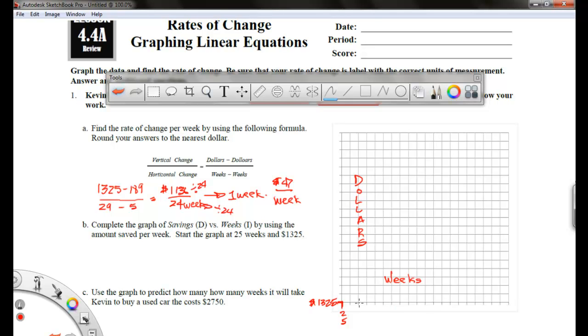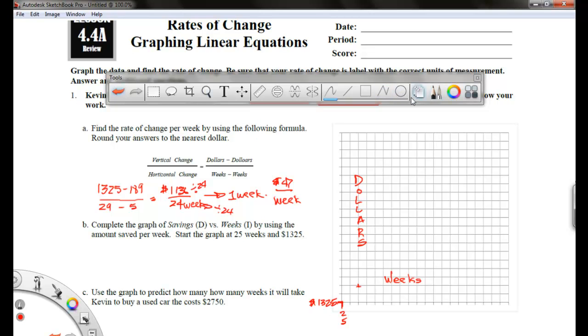So do we want to count every 1, 2, 3 weeks, every 4 weeks, or every 5? You can decide how far you want to count. But remember, each time you go over 1 week, you go up $47. So if I go over to 27 weeks, then I would go up $94.